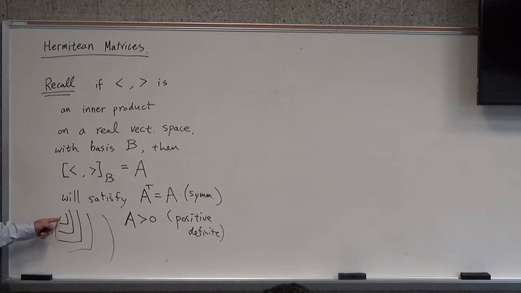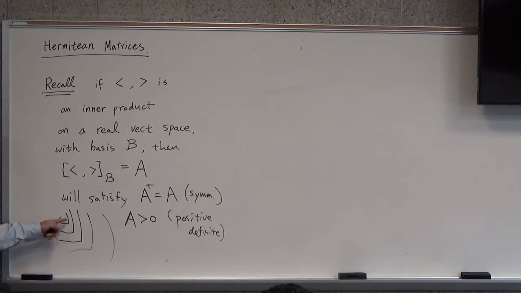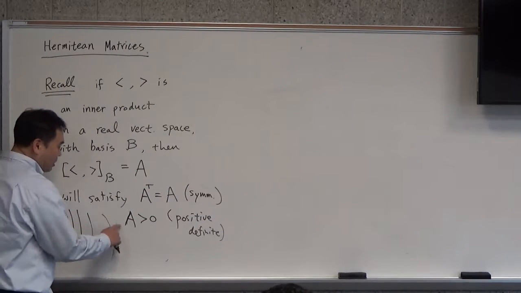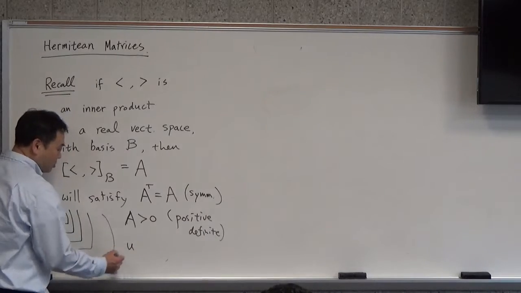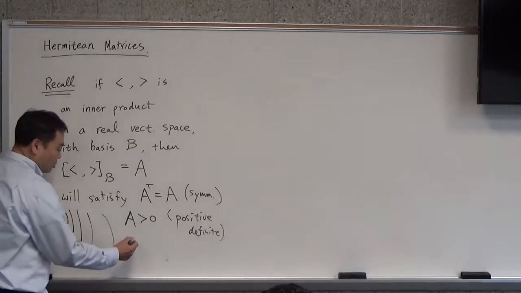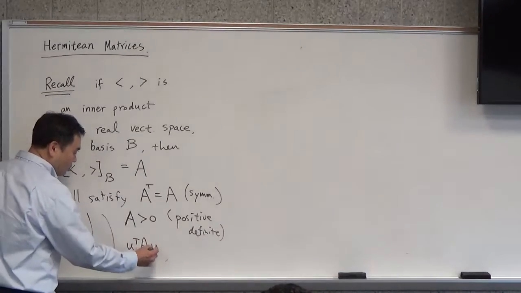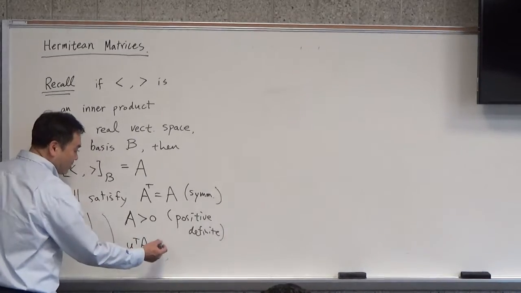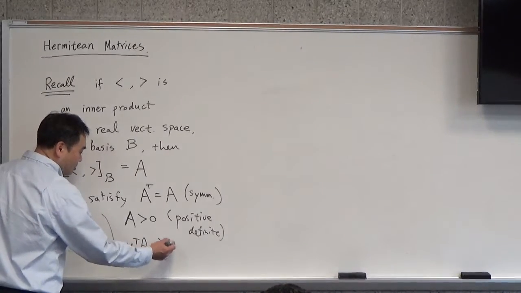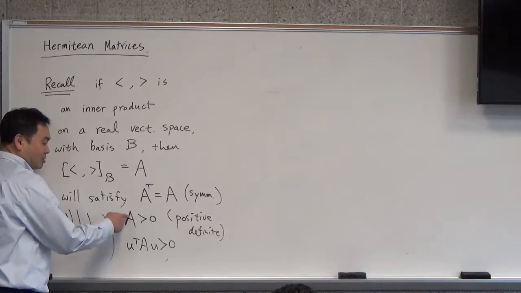I like this because it's simple to explain, but I don't like it because it doesn't really give you the intuition of what this actually means. The actual meaning of positive definiteness is that if you have any vector u as a column vector, then u transpose A u will give you a number, and that number would be bigger than 0. That's what this symbol really means.